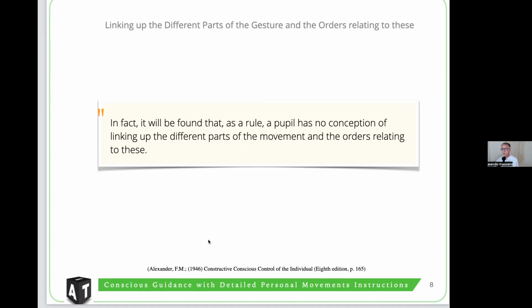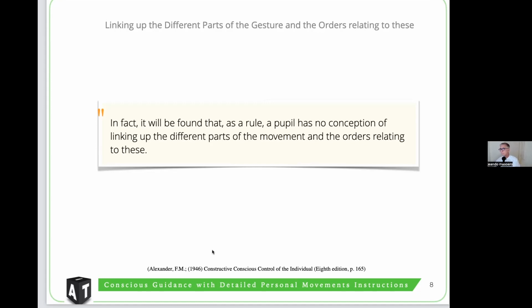We will see the language of geometry. It's necessary to use a language that is appropriate to the end we are seeking, which is the dynamic harmony of the whole. And so for him, the notion of learning verbal orders is central. This is, for me, what I call conscious guidance.